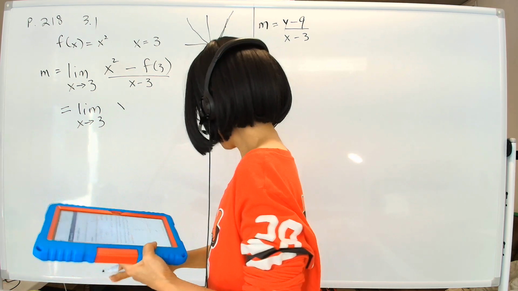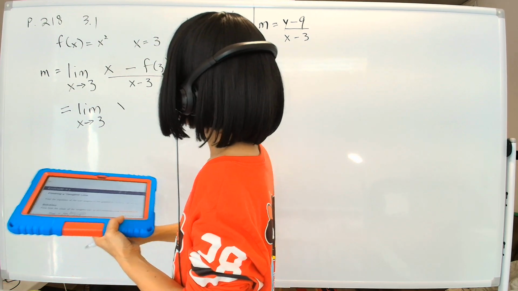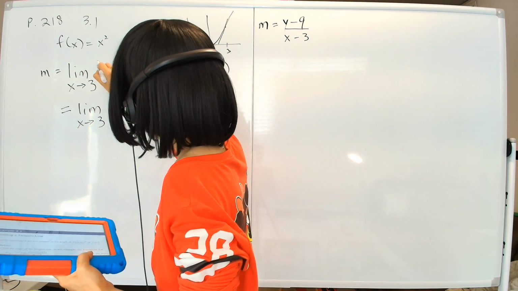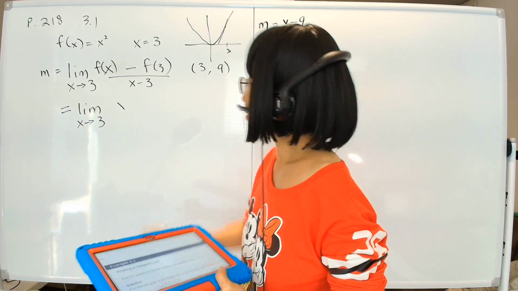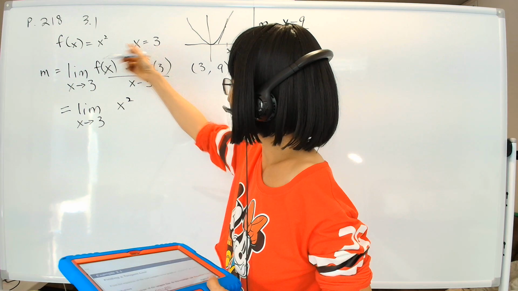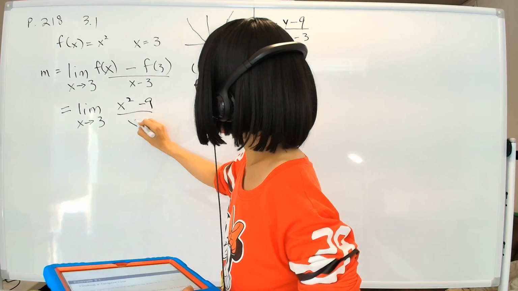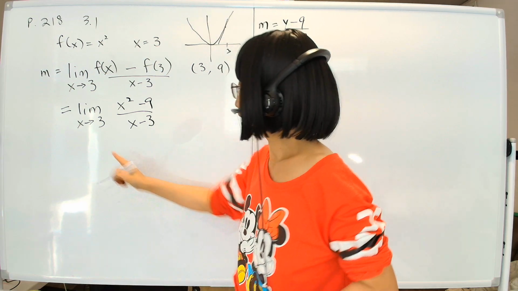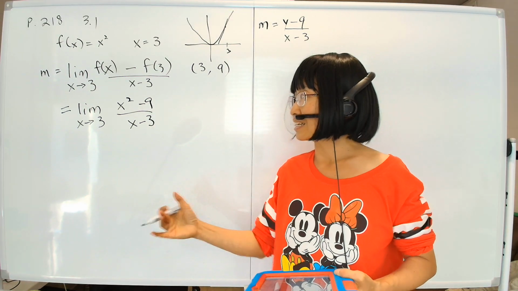So maybe I should write down f of x to be consistent. Okay, f of x is x squared, and f of 3 is 3 squared, 9. And then x minus 3. And you notice as x approaches 3, the denominator goes to 0. That is the problem.